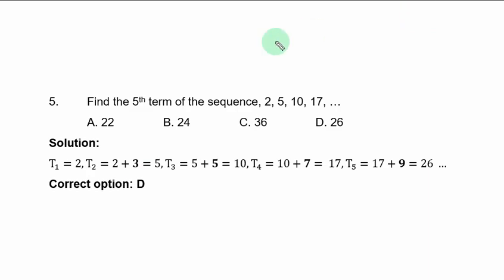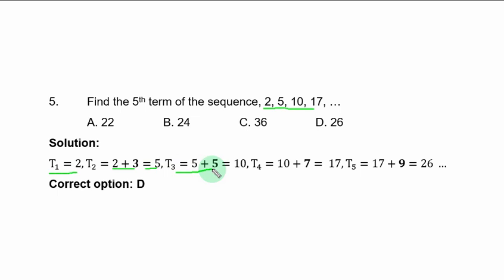Question 5. Find the fifth term of the sequence 2, 5, 10, 17. So let us get a pattern from the first 4 terms. The first term is 2. To get the second term 5, you add 3 to the first term. To get the third term, you add 5 to the second term.